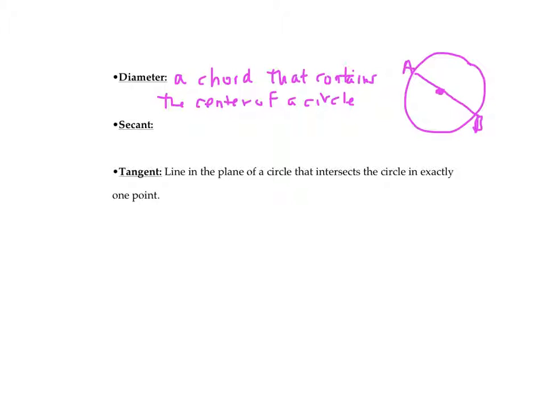A secant is a line or a line segment that contains a chord and it's going to extend beyond the circle.